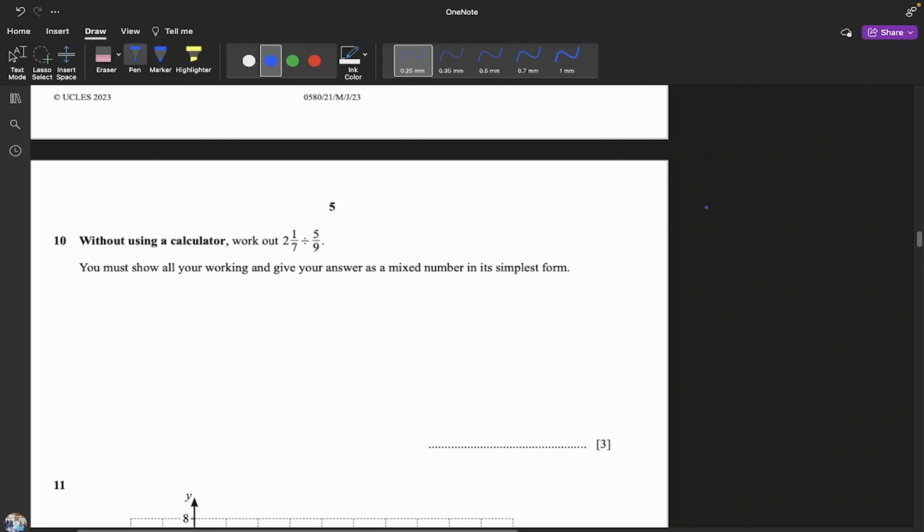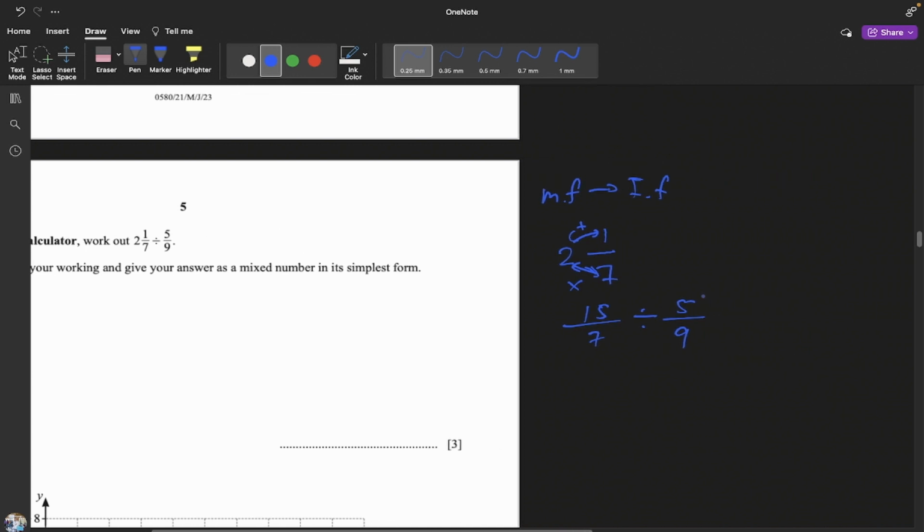The first step you have to do in this type of question is convert the mixed fraction into an improper fraction. Let's do that. How to convert it? You have to multiply these two values and add these two values. 2 times 7 is 14. 14 plus 1 is 15/7 divided by 5/9.